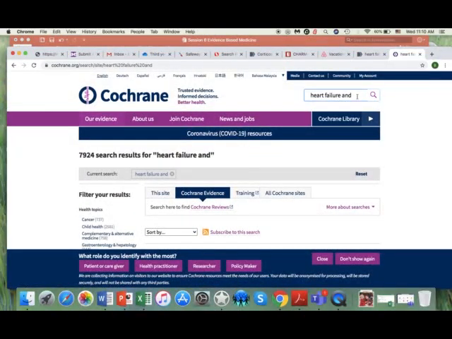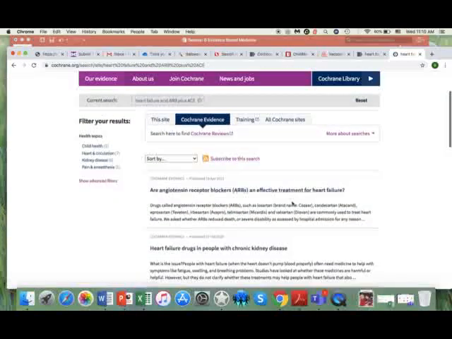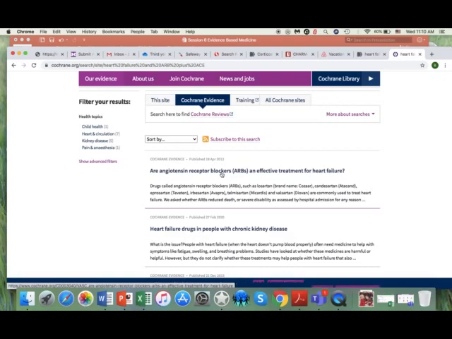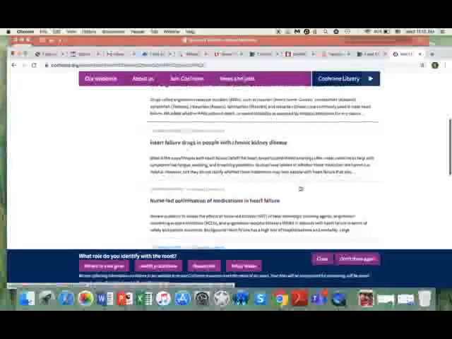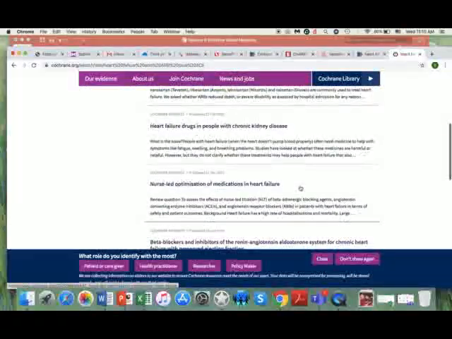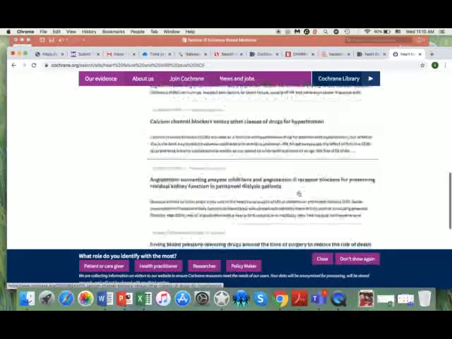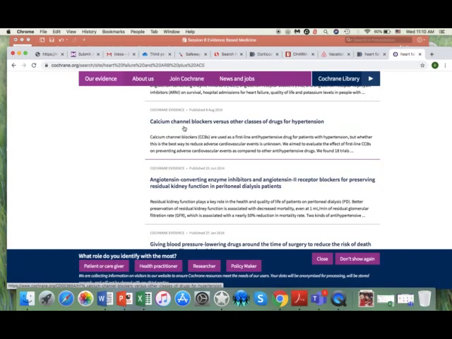So, are angiotensin receptor blockers an effective treatment for heart failure? There's so much different information, but you can even just scan the titles and say, okay, this one is talking about calcium channel blockers.